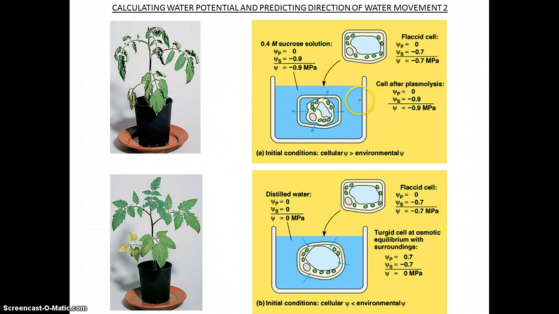So what would happen if you place the cell in an isotonic environment? In an isotonic environment, this plant cell would be flaccid.